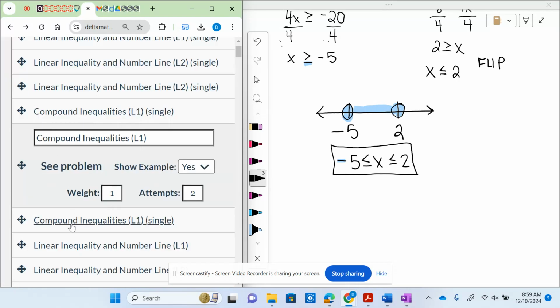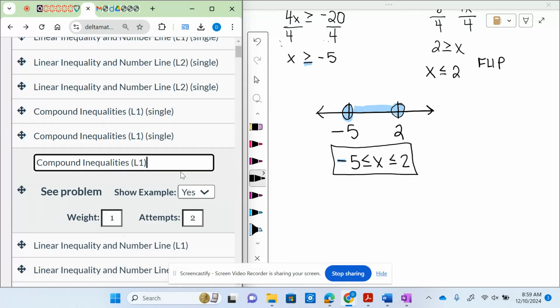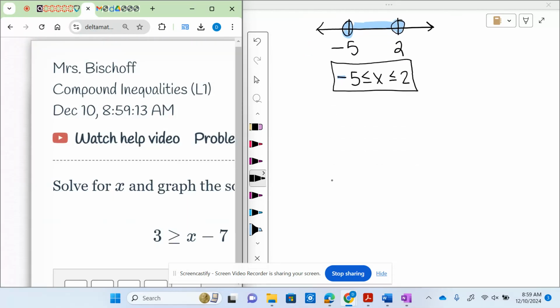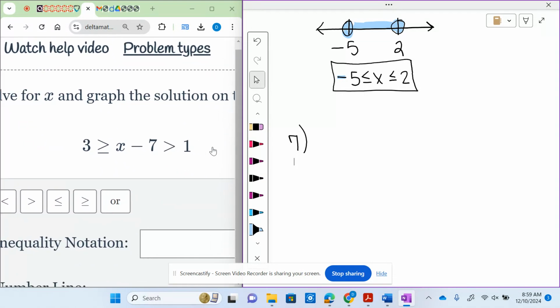Okay, we have one more example. So this is our last one, example number 7. So let's look how this is written. This says 3 is greater than or equal to x minus 7 is greater than 1. Do you guys see that you have two inequality symbols here?